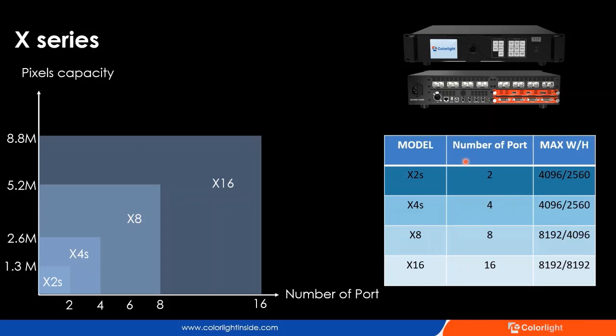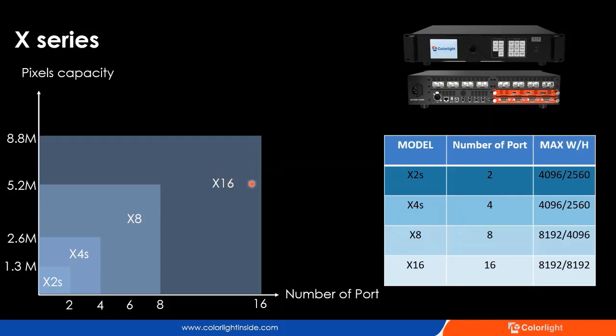The X-Series processor is integrated with the sender and video processor, and on the X16, it's integrated with the splicer. Let's have a quick look at some typical modules from the X-Series: X2X, X4X, X8, and X16.